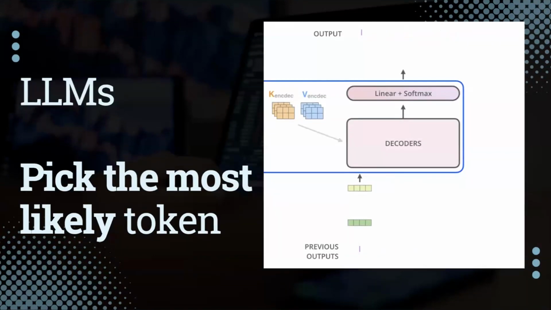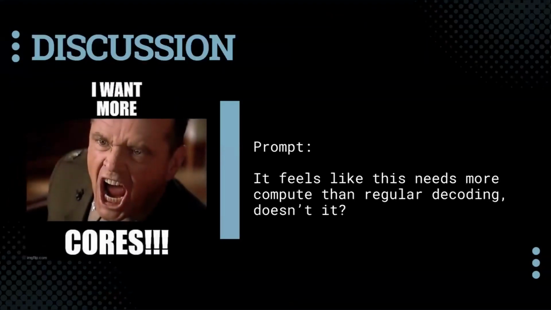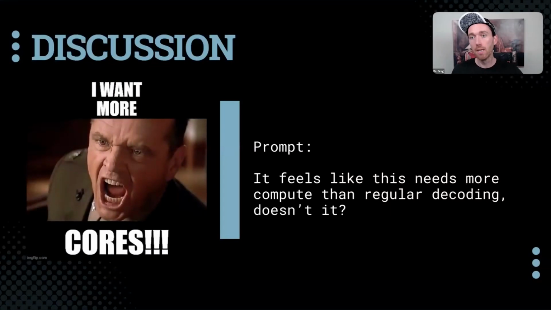This is exactly the kind of thing we're looking for when we look for research that is useful and potentially quite valuable to companies. So yes, it needs more compute, but if we get faster inter-token latency, then maybe people are happier and it actually makes us more money in the long run if we have a properly scoped product.